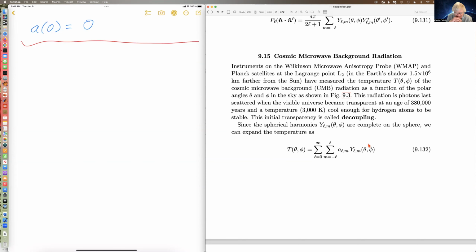And at earlier times, it was just helium nuclei, alpha particles and electrons, and protons and electrons, and it was just charged particles. But as it cooled down below, I don't know, 10 eV or so, it became mostly hydrogen, mostly protons and hydrogen and helium atoms.